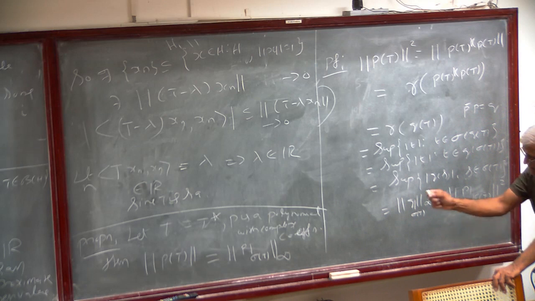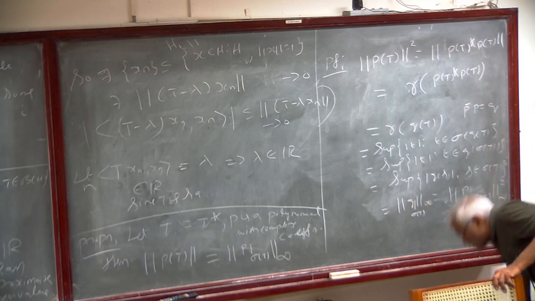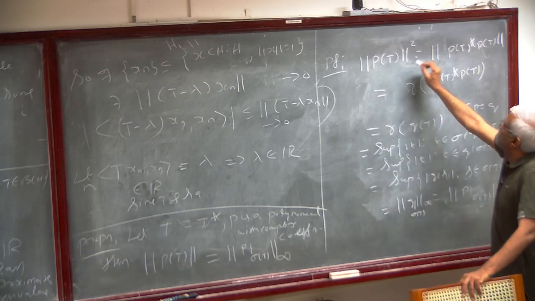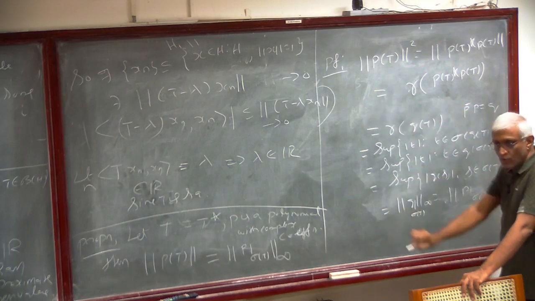I don't remember why I consider only self-adjoint, not a general normal operator. So now it looks like it will work for a general normal operator also. I will think about this. If you take a general normal operator, you don't need this. This proof is okay.